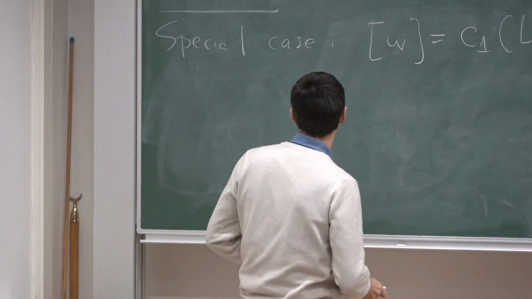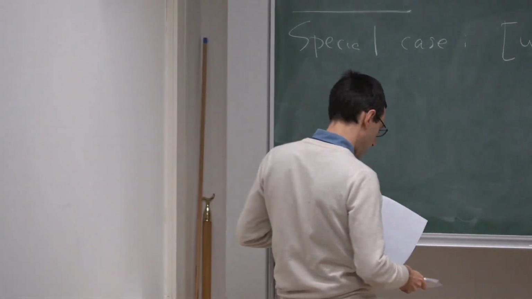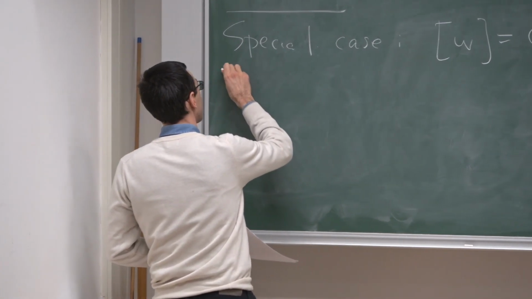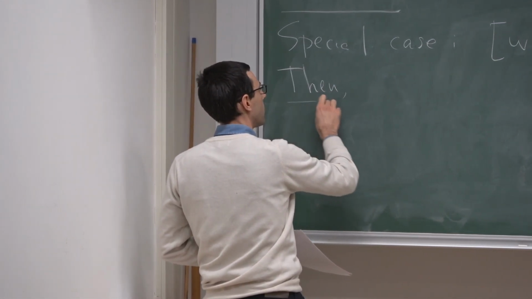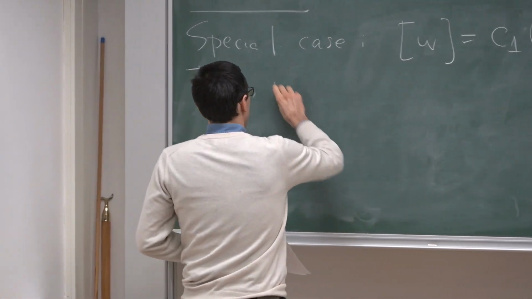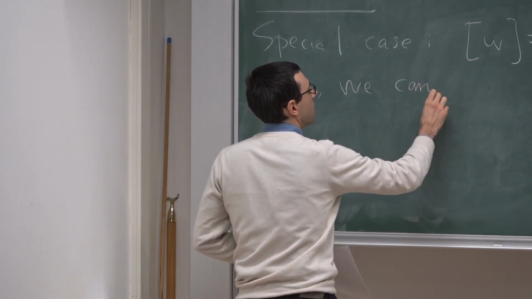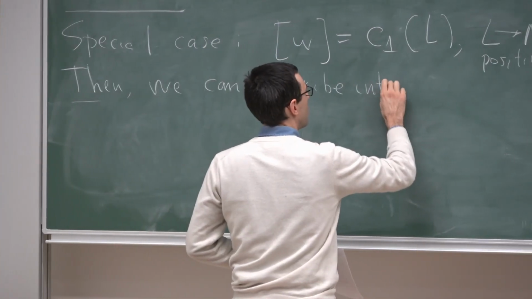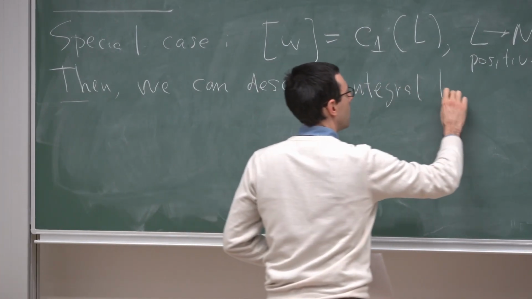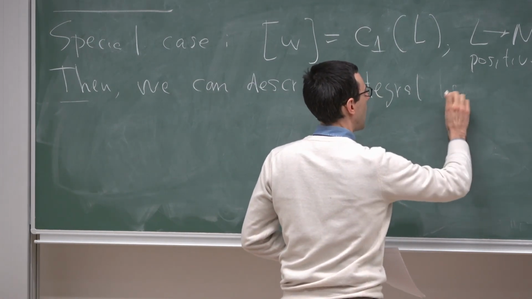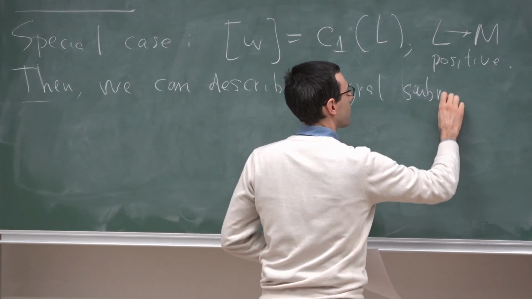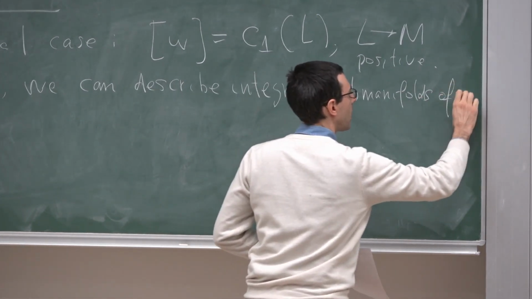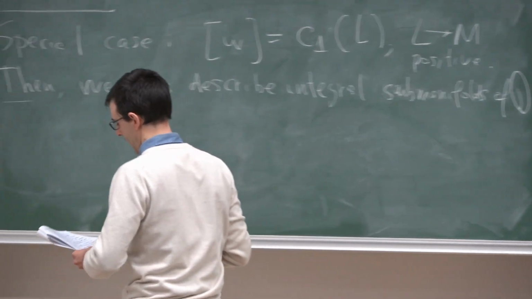And then in this case, you can actually write down integral leaves. So we can describe integral submanifolds of this formally integrable D as follows.